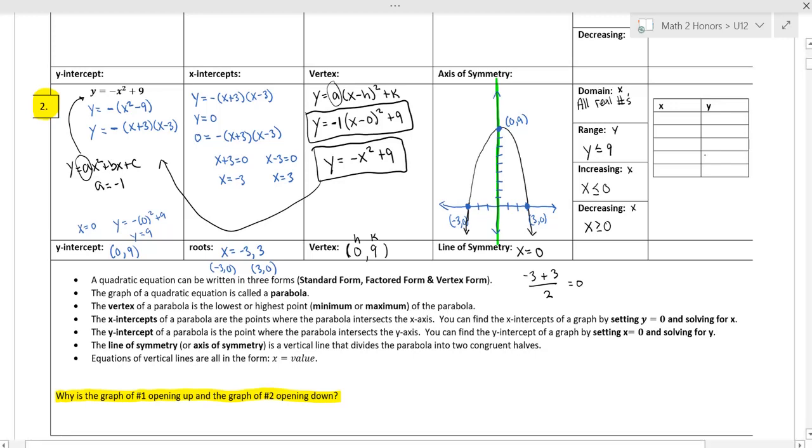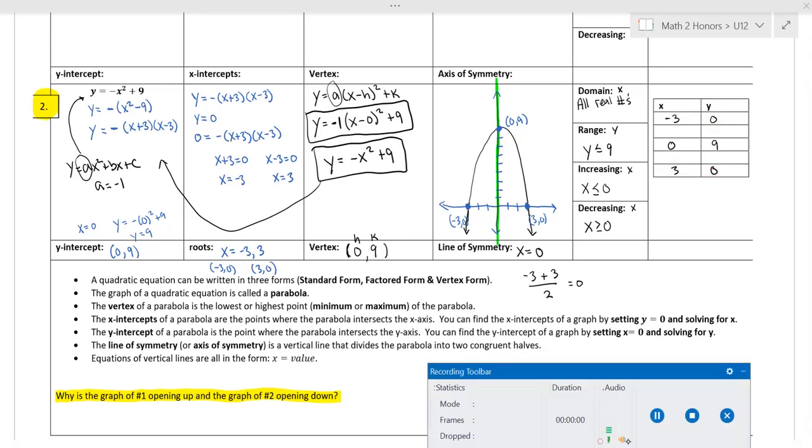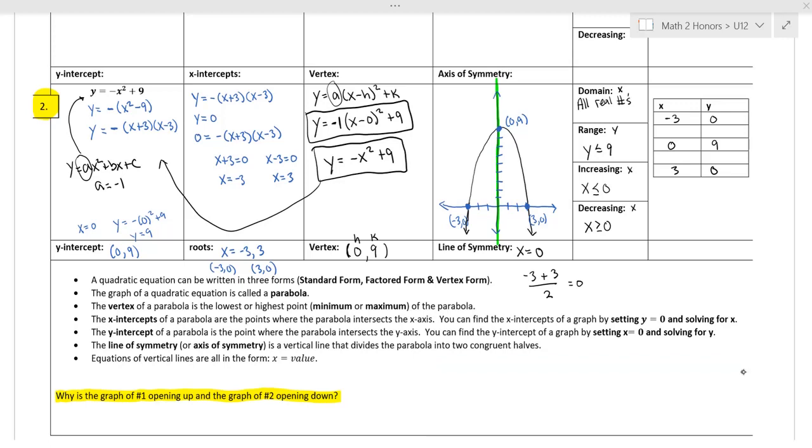And we want 5 points here. So 0, 9 is the center. We've got -3, 0, and we've got 3, 0, the x-intercepts. And I need a couple more points. To find the other points, I'm just going to plug in some values.